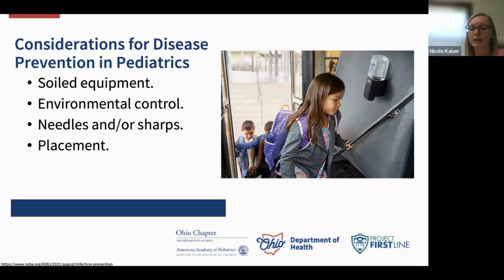So if there's a patient coming into the office that, say, the school nurse had identified and was concerned for measles, maybe that's a patient that we should have wait in their car or be the last patient of the day, just to make sure that we're minimizing any potential risk or exposure to any other patients as well.